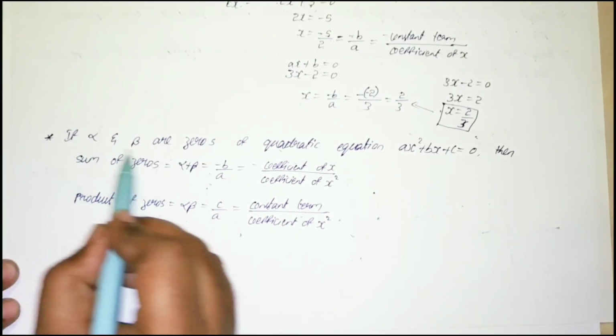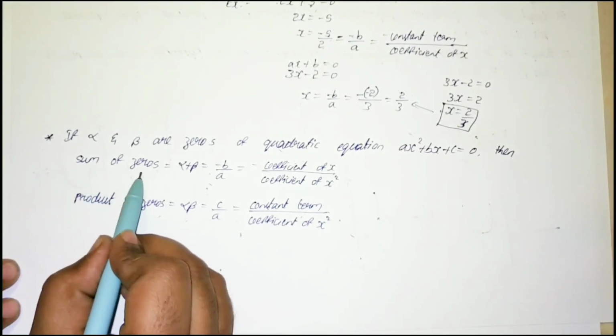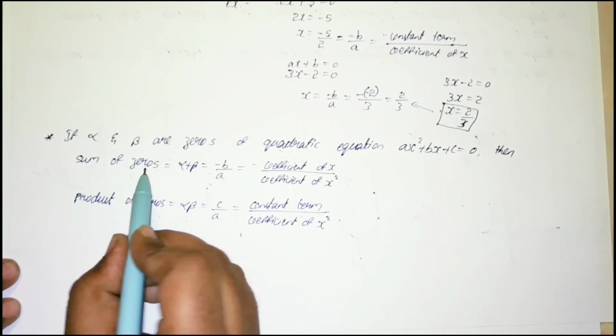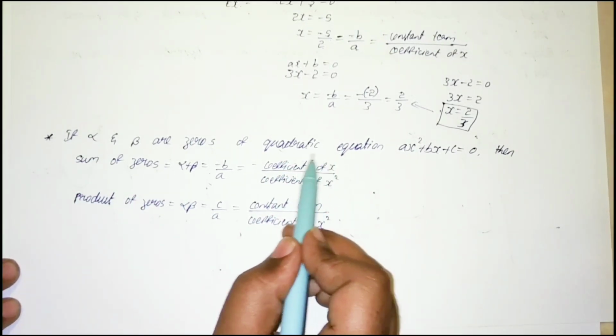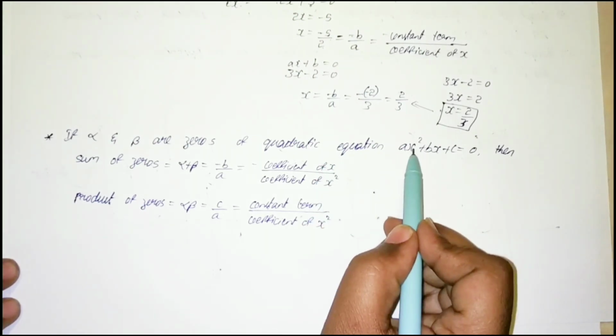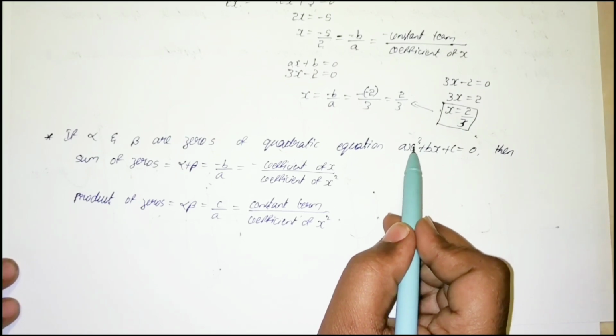Now if alpha and beta are zeros of quadratic equation, how many zeros will we get? 2 zeros, right? Because highest power is 2, so we get 2 x values, nothing but 2 zeros.